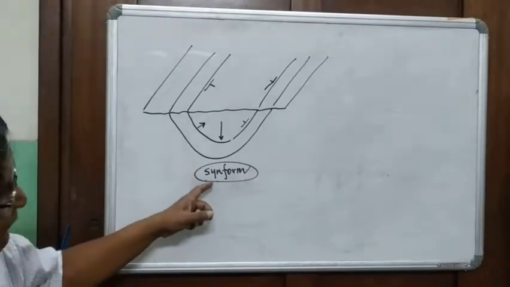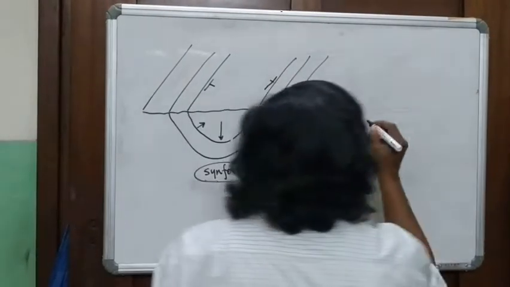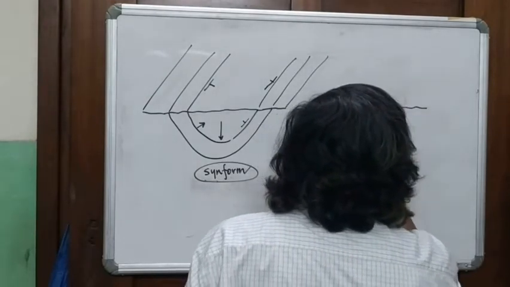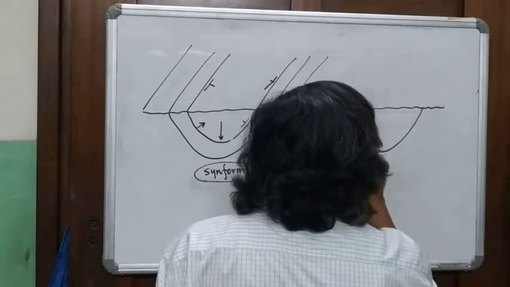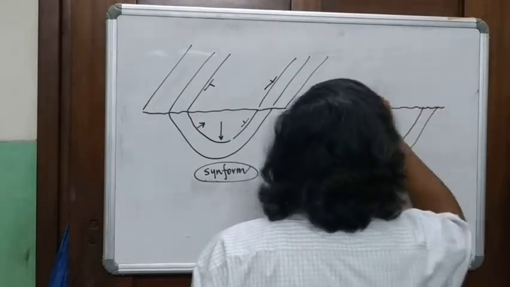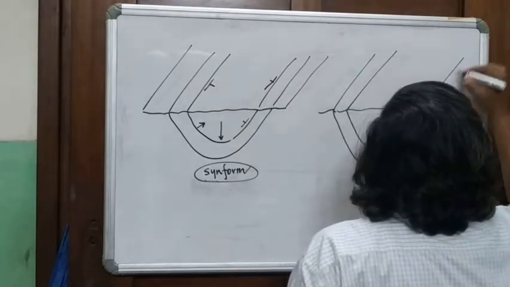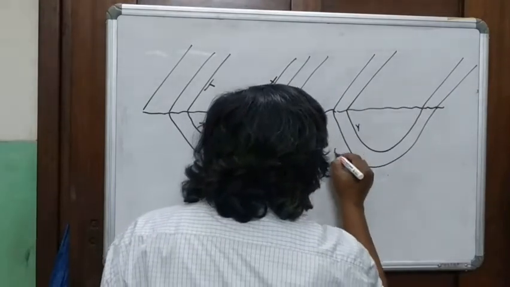So now, like synform, we will have something like a syncline. So how will that work? So this is young and this is old.